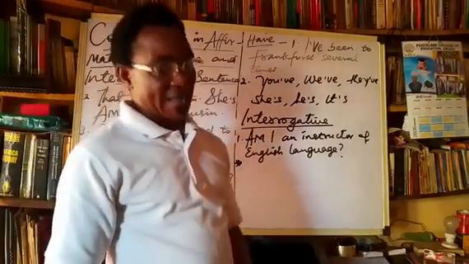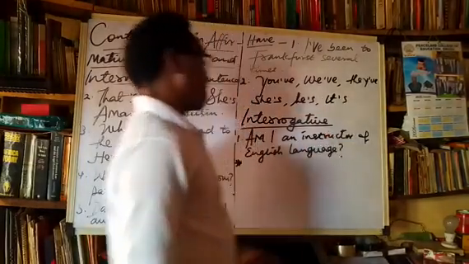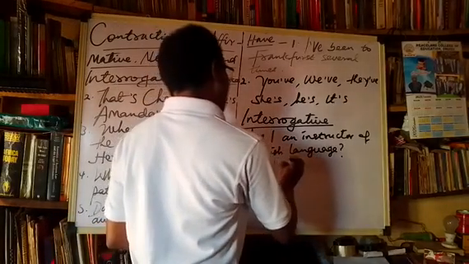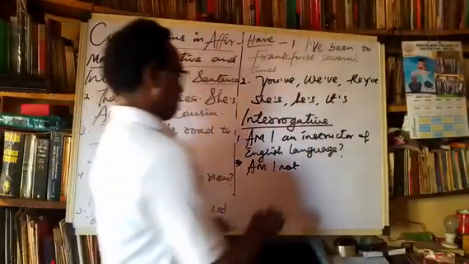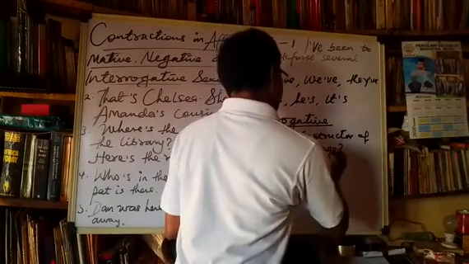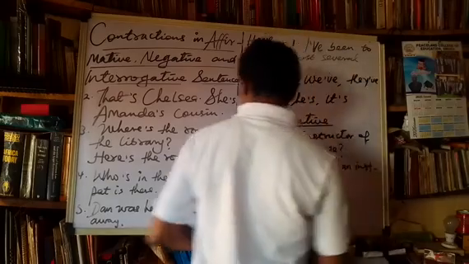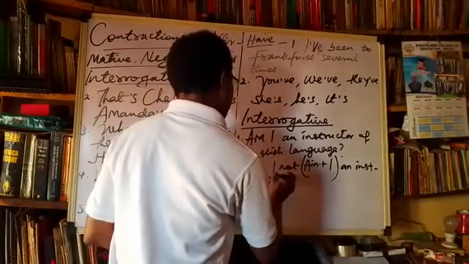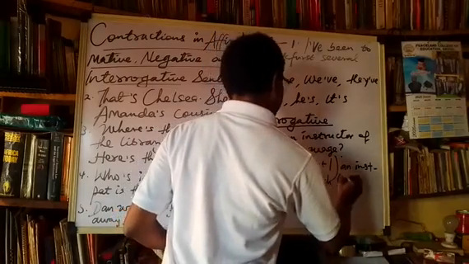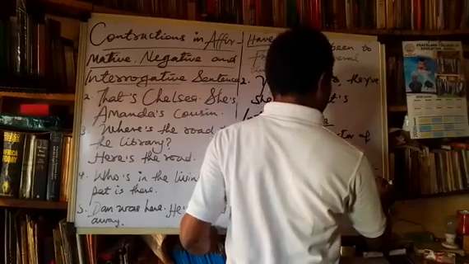So that, am I an instructor of English language, can be am I not, negation. Or I say ain't I an instructor of English language? Both end with a question mark.